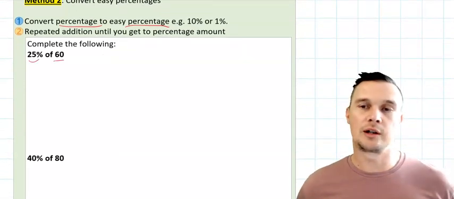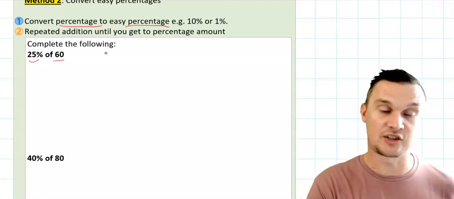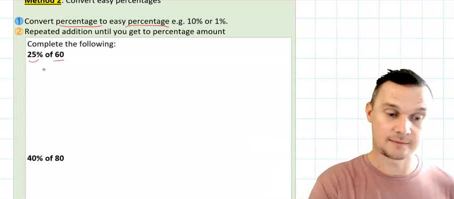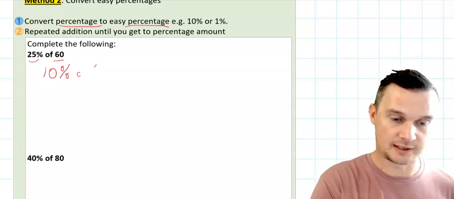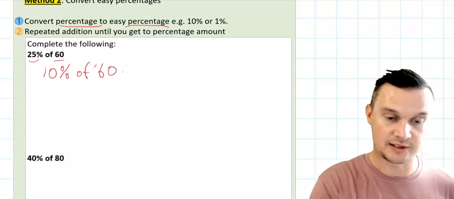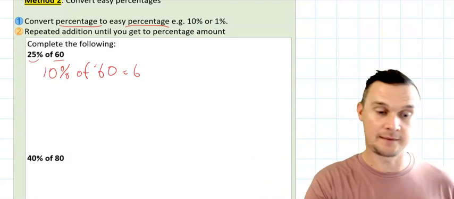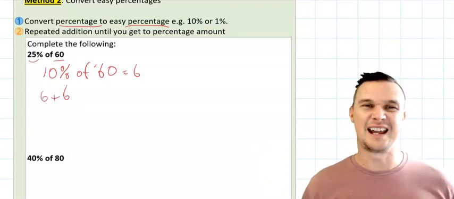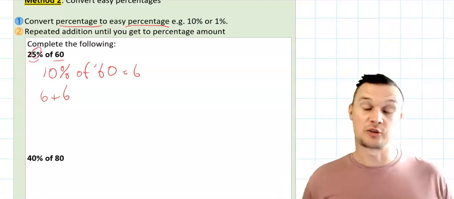I know that 10% of 60 is going to equal 6, because I divide it by 10. So if 10% of 60 equals 6, therefore if I double that, I have 20%. So 6 plus 6 will give me 20%. And then I'll need to add another 5%, because I'm trying to get to 25%.